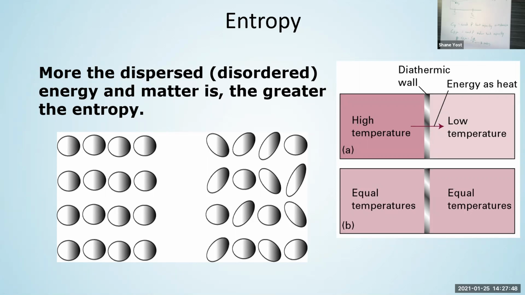The more you disperse your energy over more things, the greater the entropy, which is part of the driving force for thermal equilibrium. Things reaching the same temperature is a spontaneous process, and a lot of the reason why that spontaneously occurs is due to entropy, the fact that you increase the entropy when you transfer that energy equally across all things.